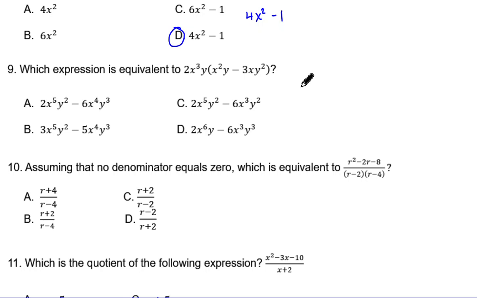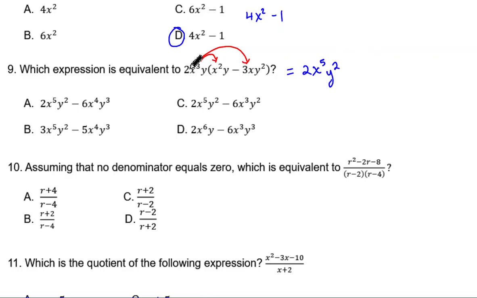Which expression is equivalent? Basically here I can go ahead and distribute that term. So you're going to do 2 times, there's no coefficients, I'll just write 2. And then you just add the exponents: x cubed times x squared is x to the 5th, y times y is y squared.